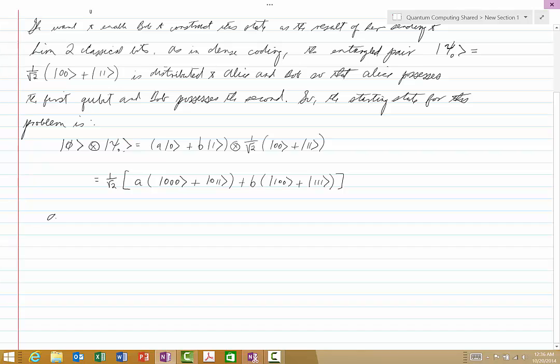So Alice first applies a C0 gate to her two qubits.